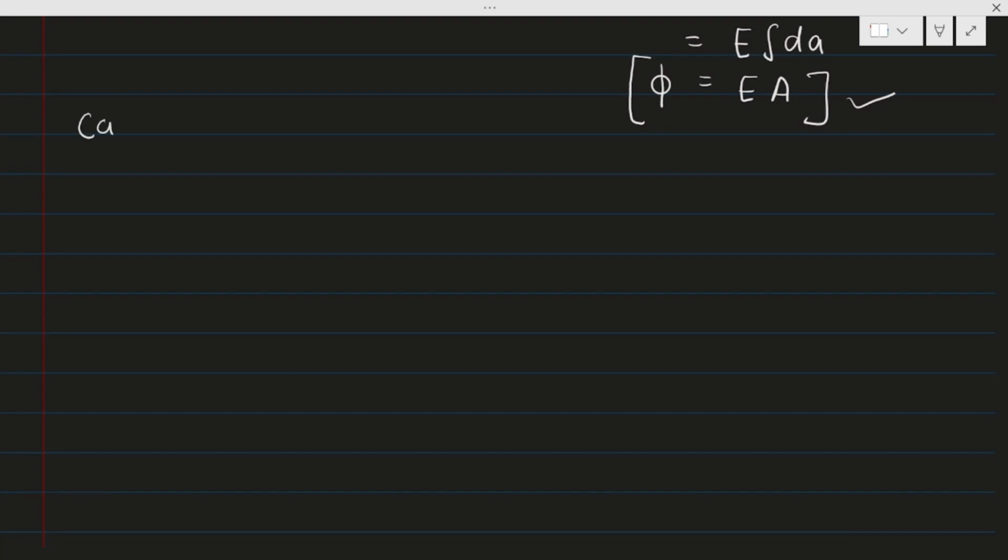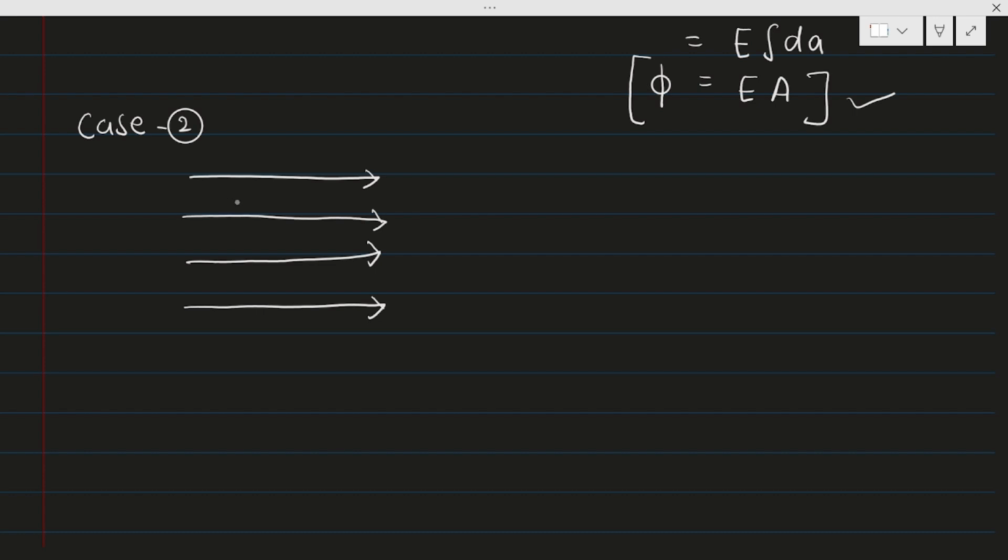Let's say this is case 2, and again the electric field lines are like this. The surface kept inside is like this, at a certain angle. This is dA, the area vector, and these are the electric field lines E. Suppose it is at a 60-degree angle.